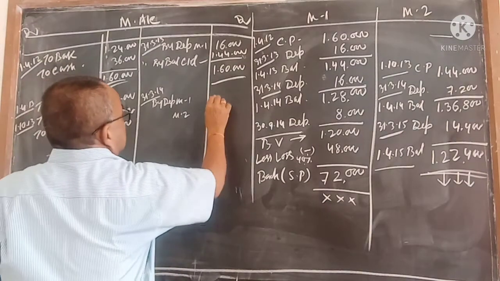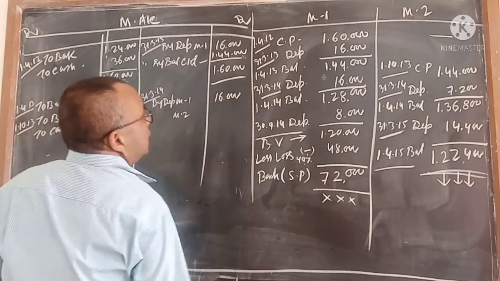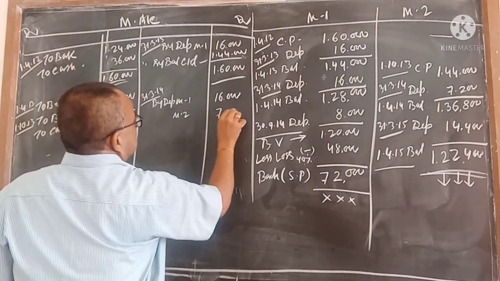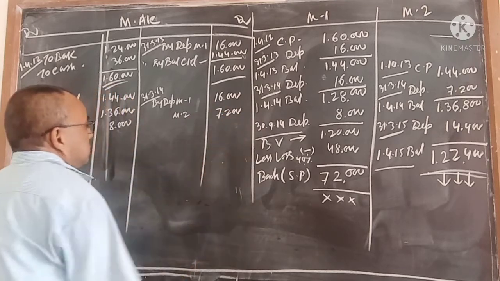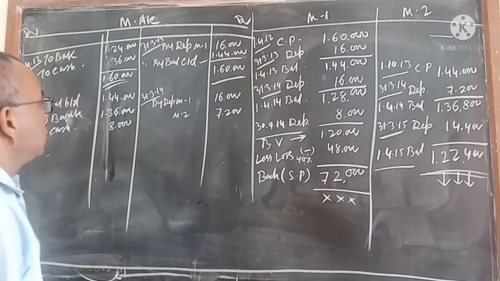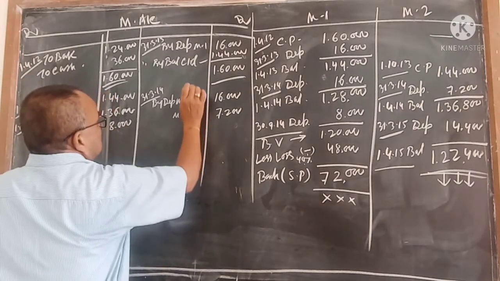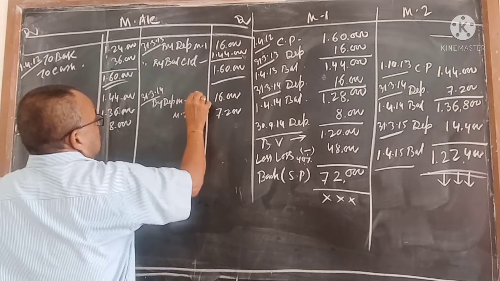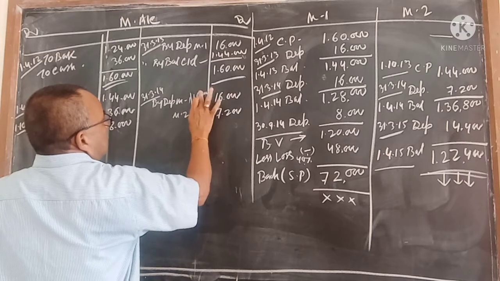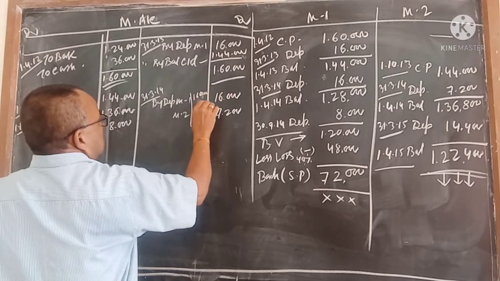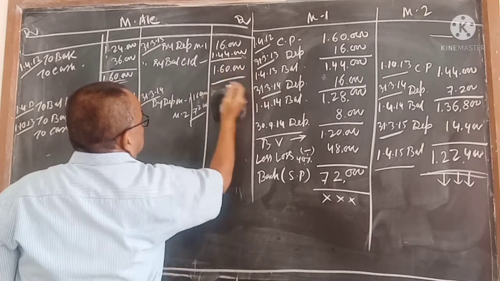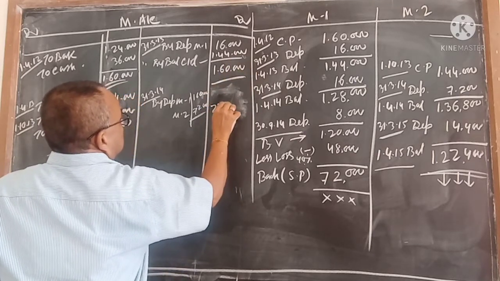M1 is coming 16,000 and M2 is coming 7,200. You could also write them together here and bring it out. Okay? That also you can do. How much is coming? 16,000 plus 7,200, so 23,200.